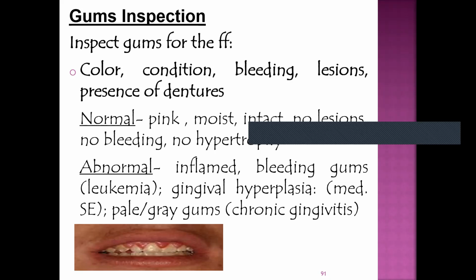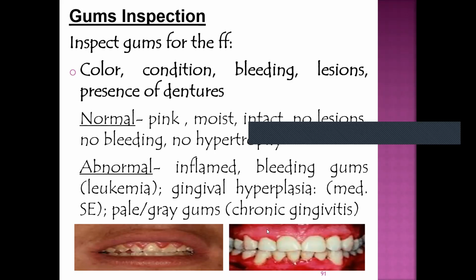And then for those with chronic gingivitis, you have pale gums. It's supposed to be pinkish, diba? But it's quite pale, and you will see it's somewhat lesser of a pink color. Yeah, this one is reddish. This is what we call the hyperplasia. It's bigger. The gums are already bigger.